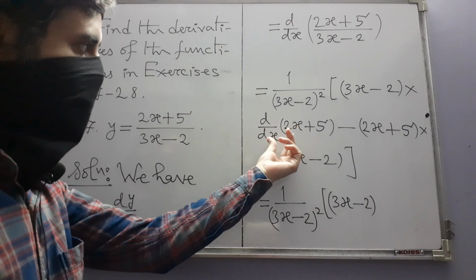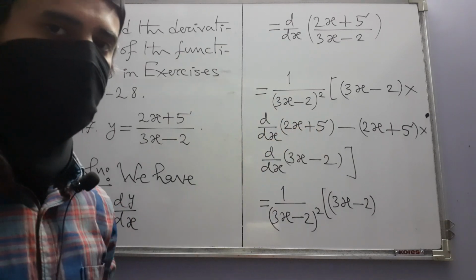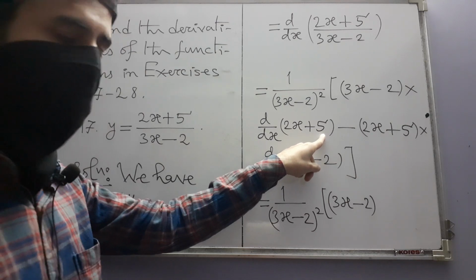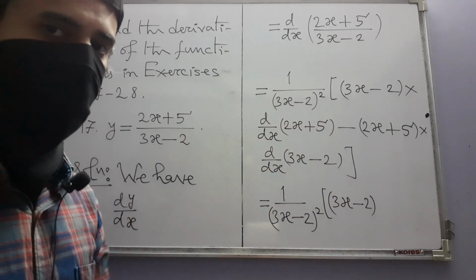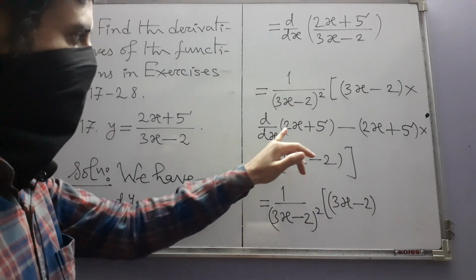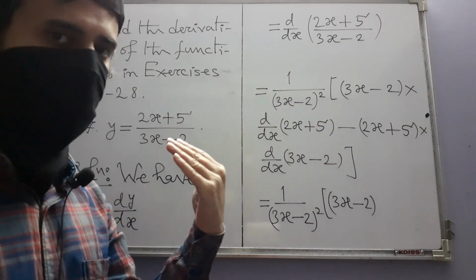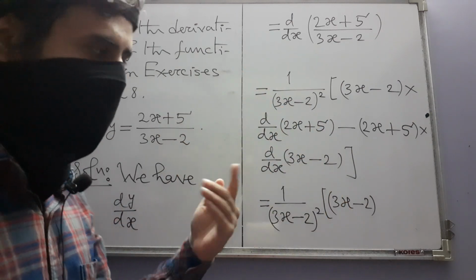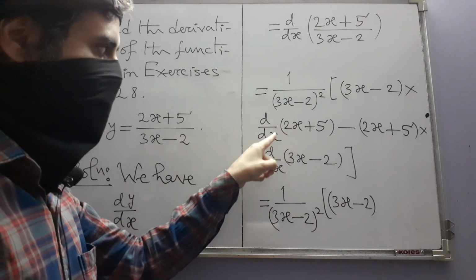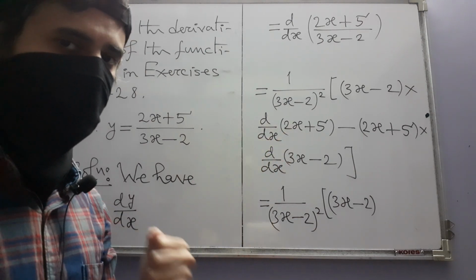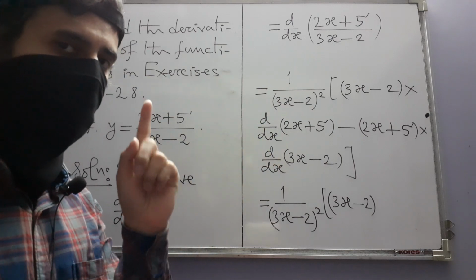This is equal to the derivative of 2x plus the derivative of 5. Derivative of 5 is 0 by the constant function rule. In the derivative of 2x, 2 comes outside by the constant multiple rule, and then you differentiate x with respect to x by using the power rule, which tells us that the derivative is 1.